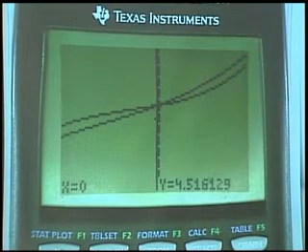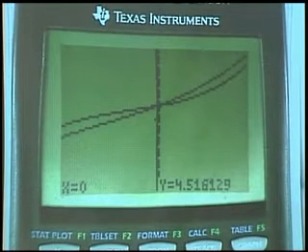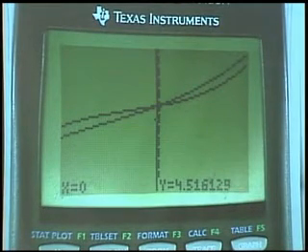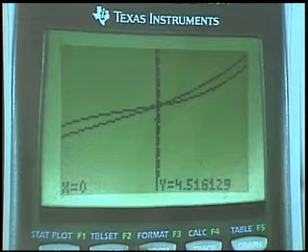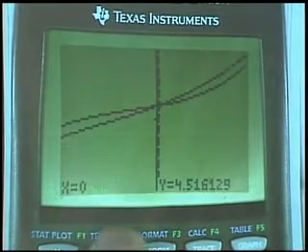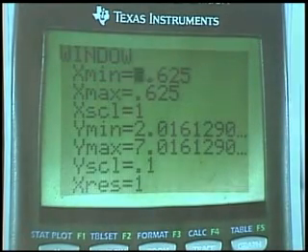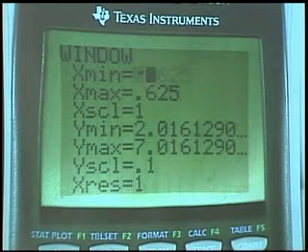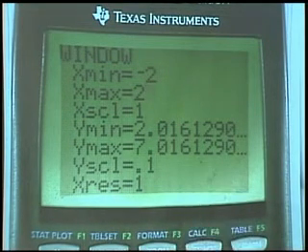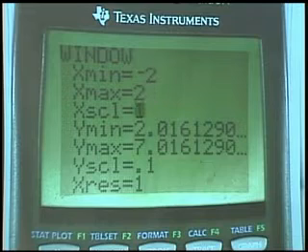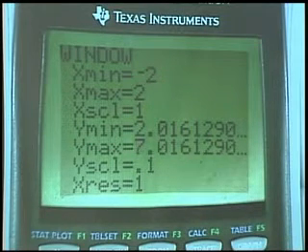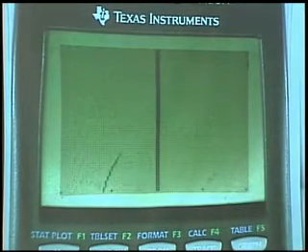So there are advantages and disadvantages to both. I need to get this a little better on the graph because I do need to point something out. So let's go from negative 2 to 2, and let's go up to about 9 on this, and let's just see what that looks like.